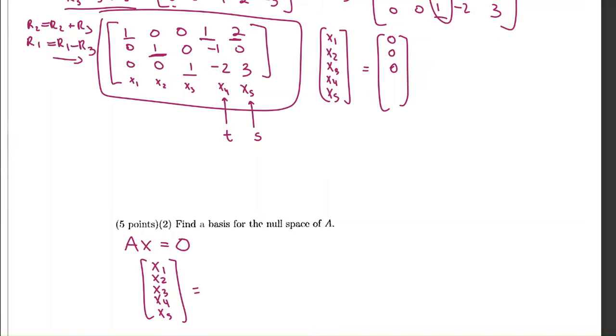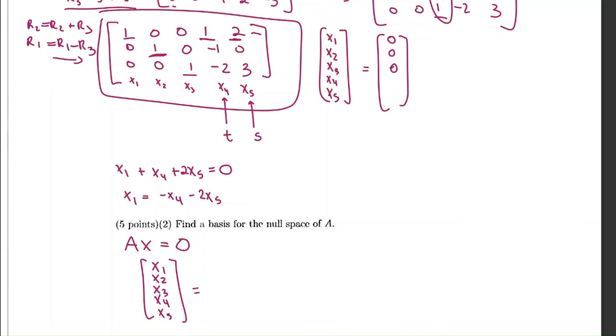Basically, what these equations will tell us is if we multiply this out, these equations will tell us x1 plus x4 plus 2x5 equals 0. So I'm looking at the first row here, just multiplying this one out. So obviously if I wanted to write x1 in terms of these free parameters, I can rearrange and just get negative x4 minus 2x5.